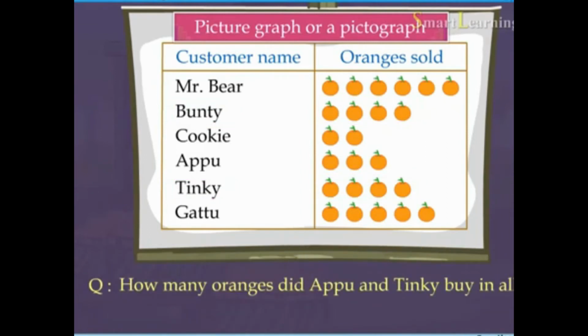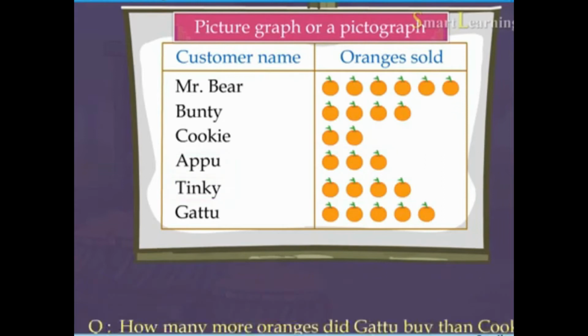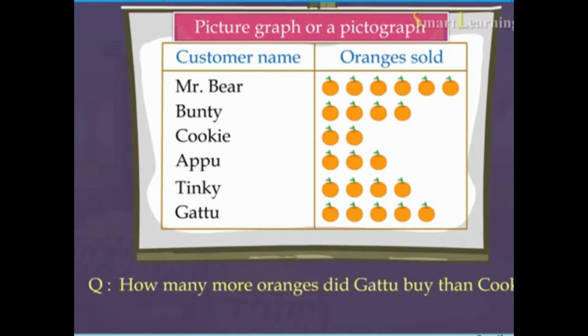The next question is, how many oranges did Appu and Tinky buy in all? Appu bought 3 oranges and Tinky bought 4 oranges. Thus, in all, they bought 7 oranges. How many more oranges did Gattu buy than Cookie?